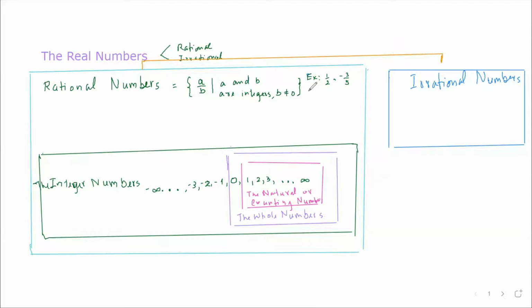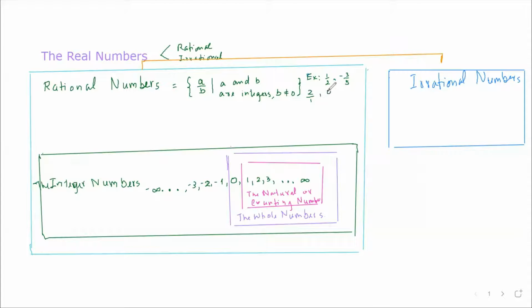If I write only 2, is it rational or not? Yes, because 2 can be written as 2/1. So this is still a rational number because we can write it in ratio form.